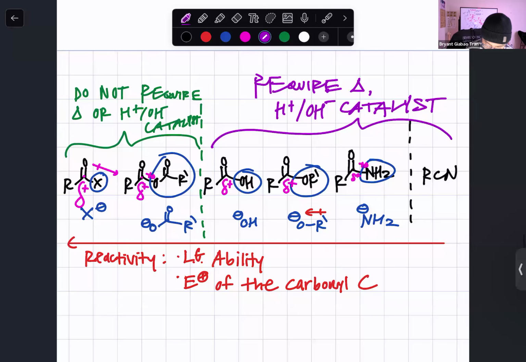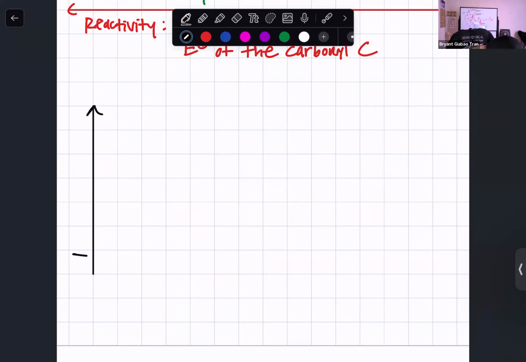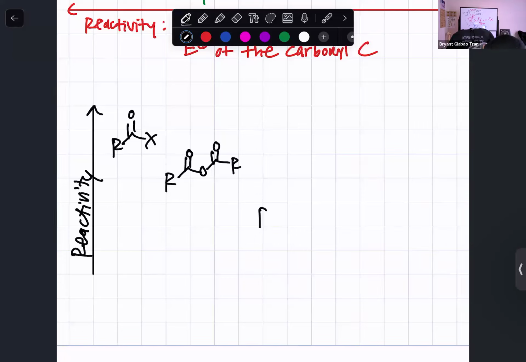right? So I'm going to give you another chart that will explain this, right? So let's say going from down to up is going to be increasing reactivity, right? The most reactive derivative we have is the acyl halide, and then we have the anhydride, and then the ester, and then the amide.